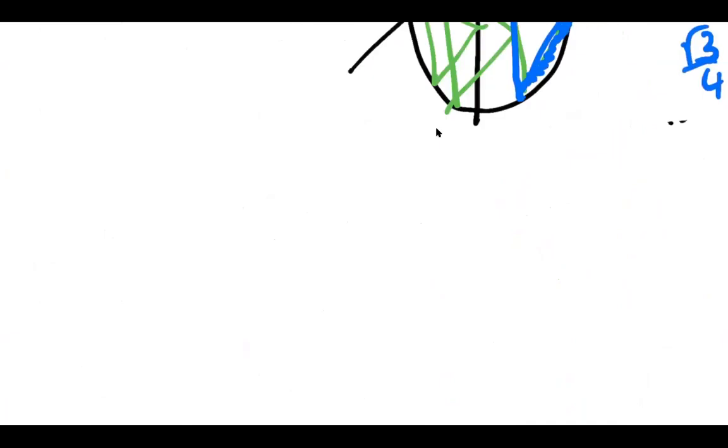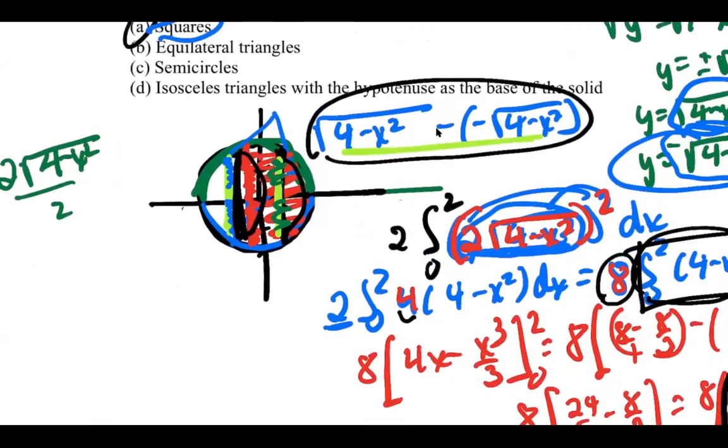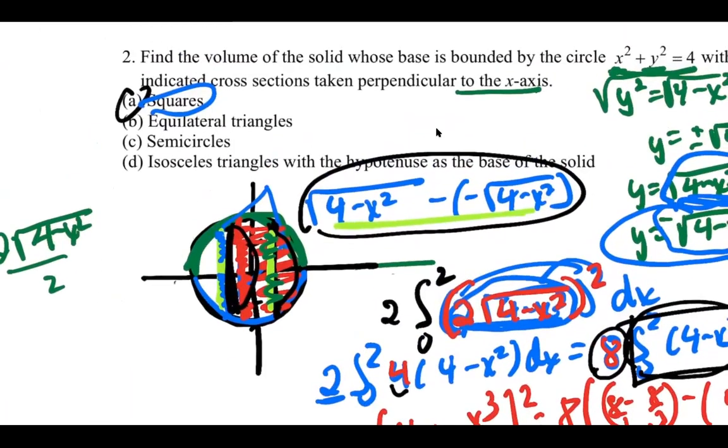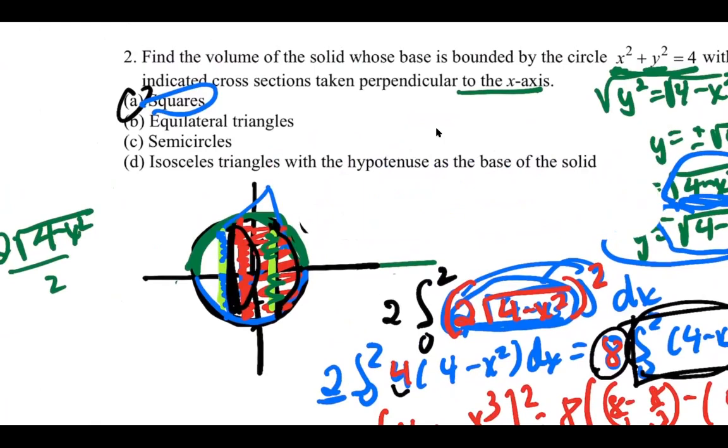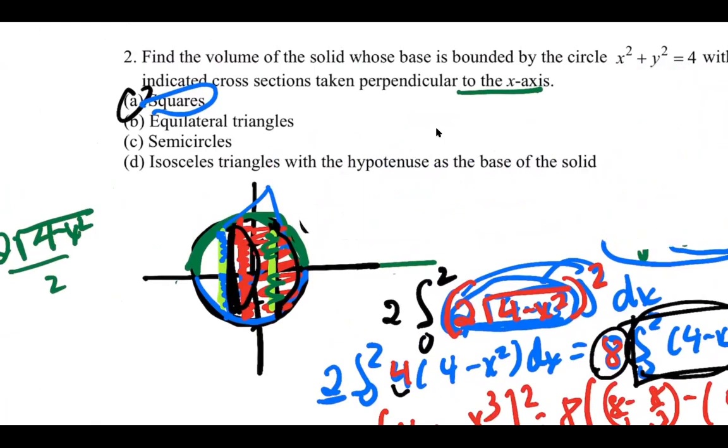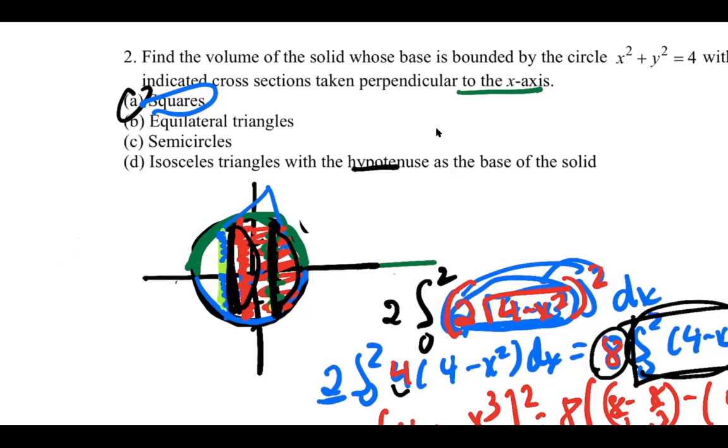And then D. D is isosceles triangles. All right, so let's read this carefully. All right, so we have isosceles triangles with a hypotenuse in the base. I think we have a handle on all of this right here. All right, so what's coming up out of here, drawn it a lot, sorry, are isosceles triangles, with the hypotenuse in the base.